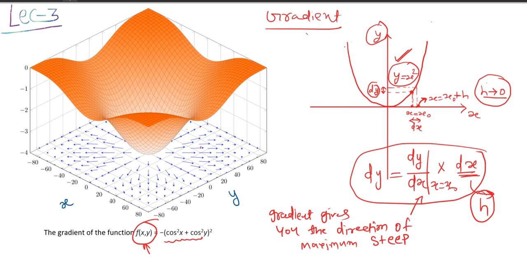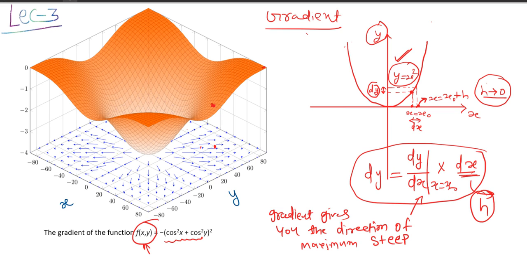So let's say at point (x,y) you are initially at this point. If you imagine this graph as a hill and you are standing at this point, in which direction should you go to see the maximum change in height? Let's say you want to reach this top point.